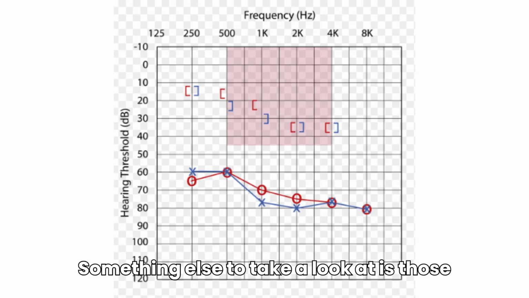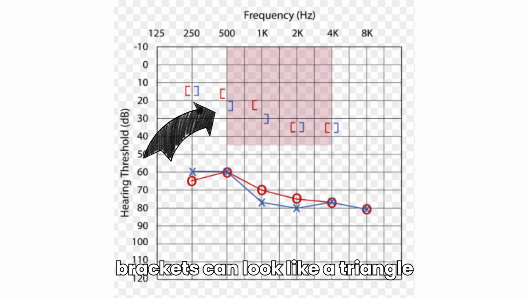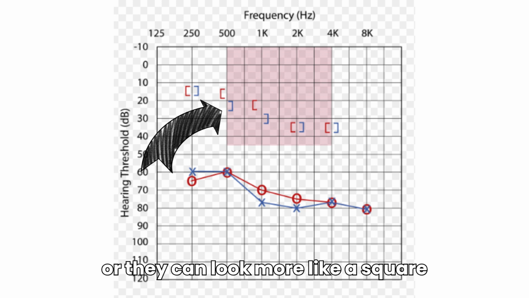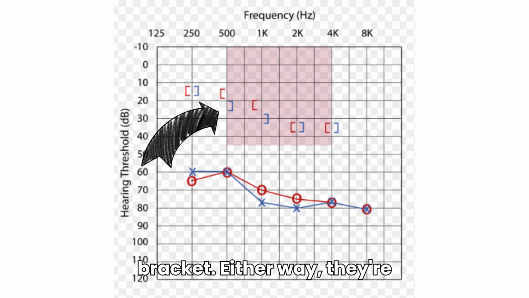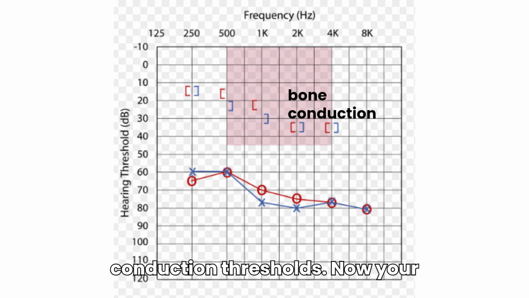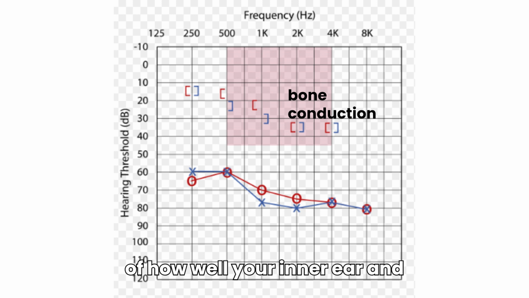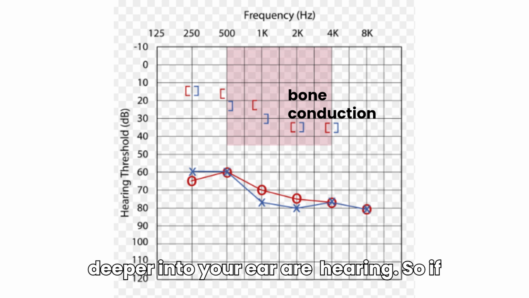Something else to take a look at is those little brackets on the test. The brackets can look like a triangle, or they can look more like a square bracket. Either way, they're representing what's called your bone conduction thresholds. Now, your bone conduction thresholds are a measure of how well your inner ear and deeper into your ear are hearing.